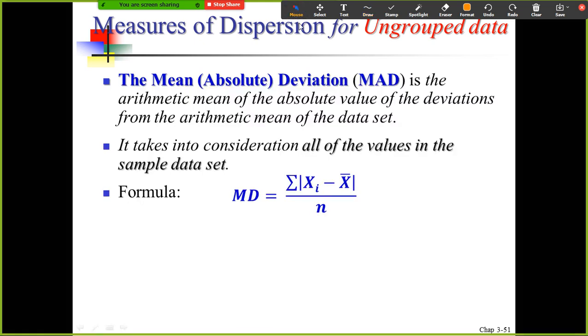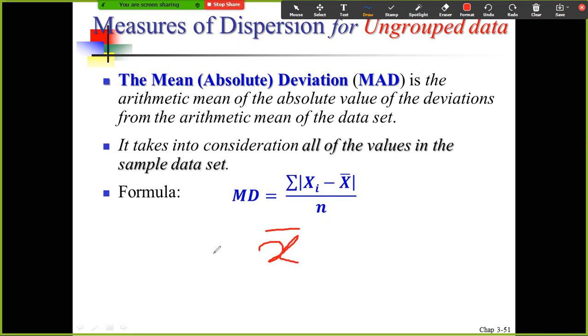So this is how to find mean deviation or mean absolute deviation. First, you need to find x bar, which is the arithmetic mean.